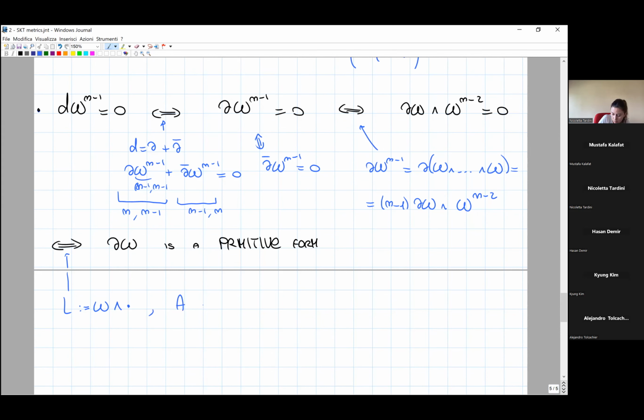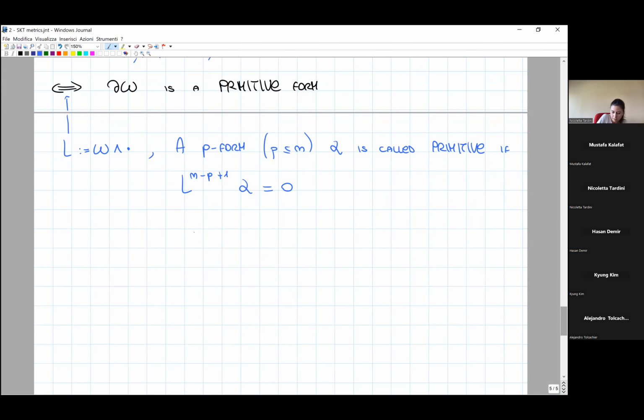So a p-form, with p not greater than n, let's say alpha, is called primitive if L^(n-p+1) of alpha is equal to 0. Or if you prefer, this is just omega^(n-p+1) wedge alpha equals 0, okay?